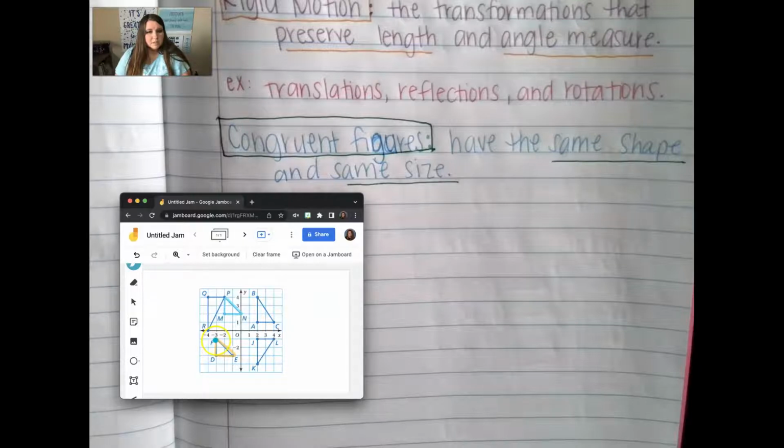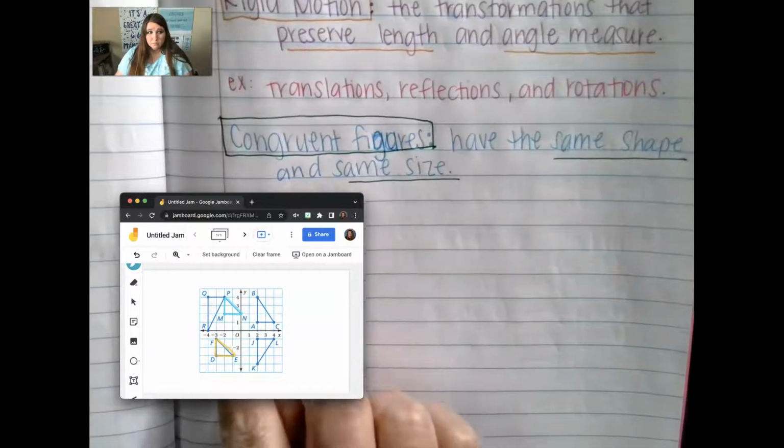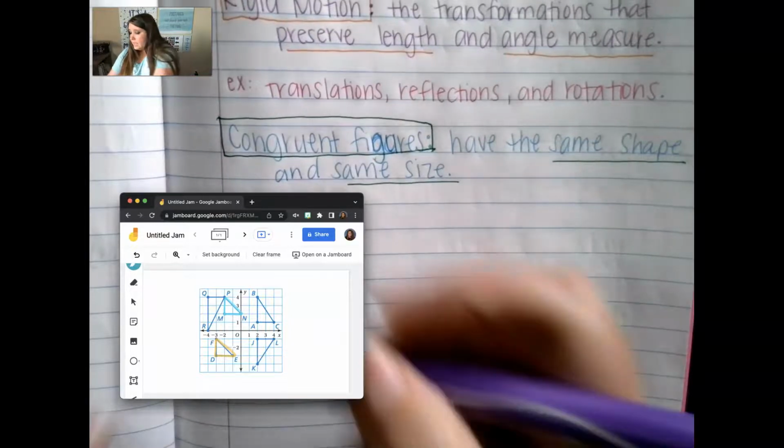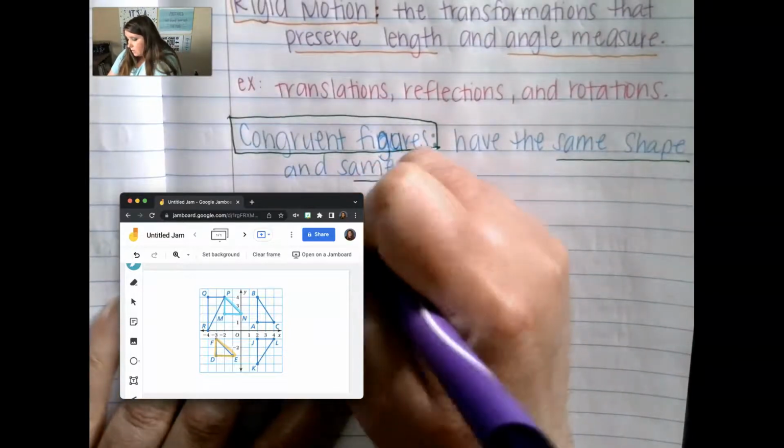This triangle is congruent, and the reason why they're congruent is because it's a 2 by 2, here's a 2 by 2, and they have the same shape. They're both right triangles. So I would say that triangle DEF is congruent.